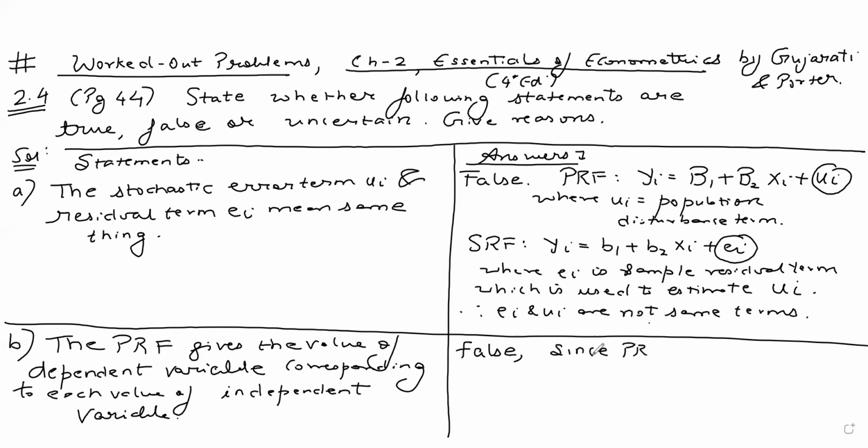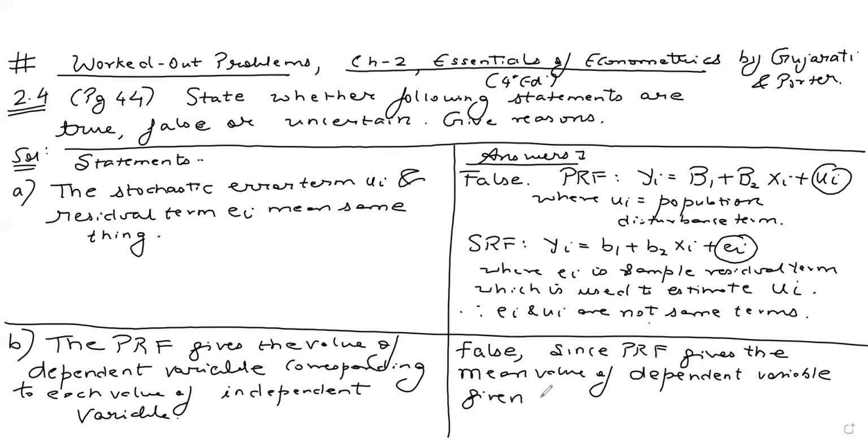Since population regression function gives the mean value of the dependent variable given each value of the explanatory variable. Okay, so the second statement is also false.